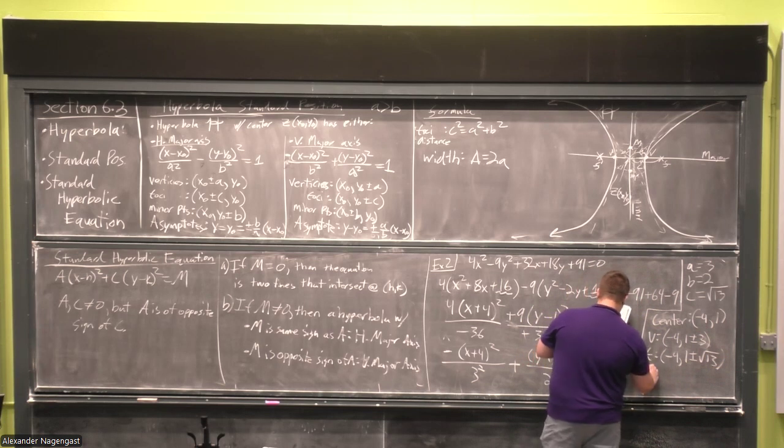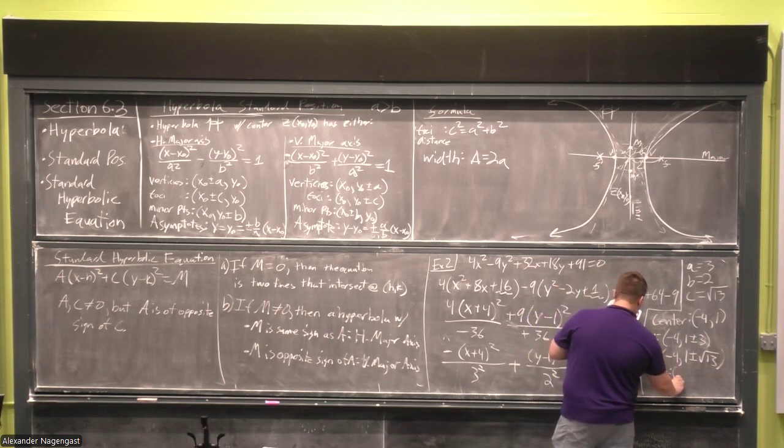And our minor axis points are our x naught, so negative 4 plus or minus our b, which is 2.